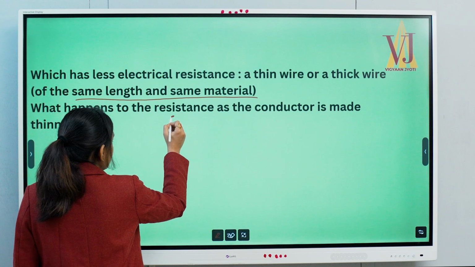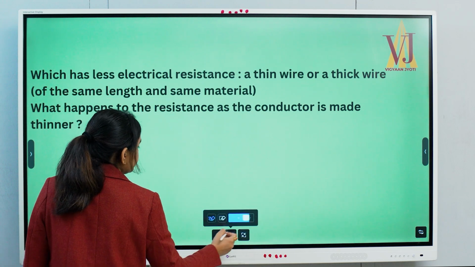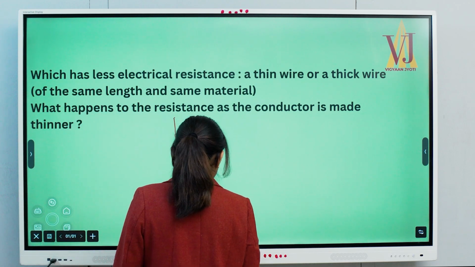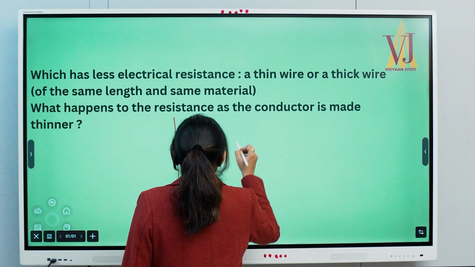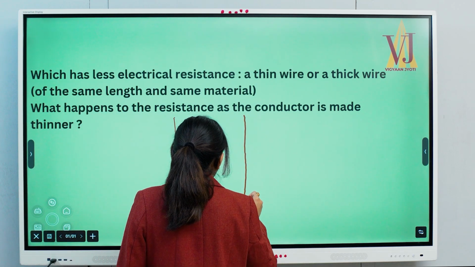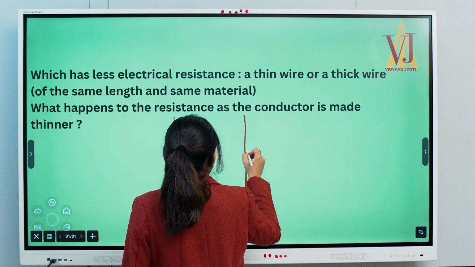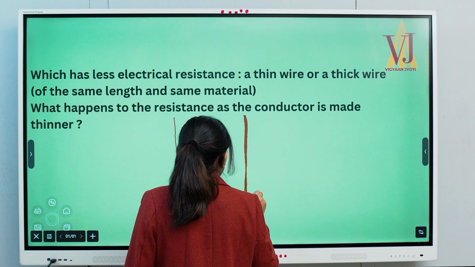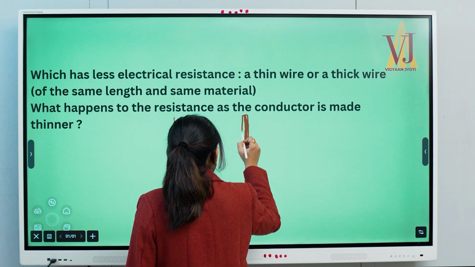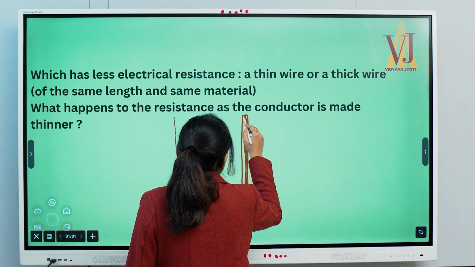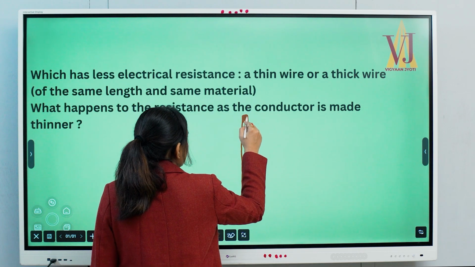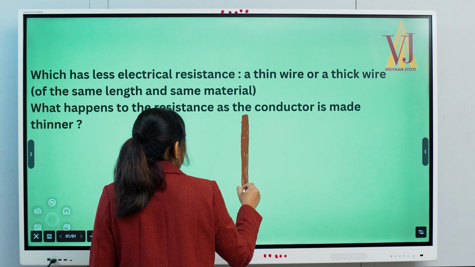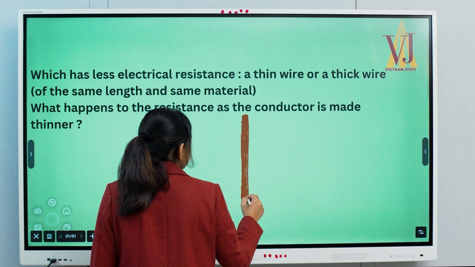That means, let's say, this is a thin wire, and this is a thick wire. I'll just make it more thick. Though I'm very poor in drawing, just bear with me. I'll just try to make it a conductor.